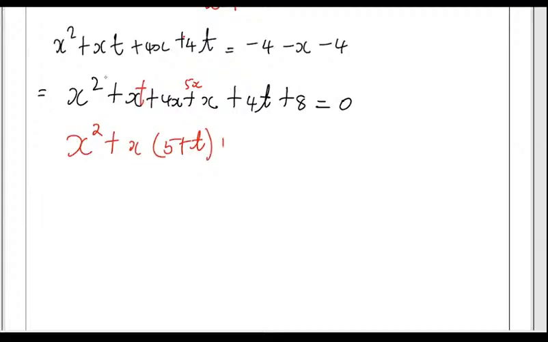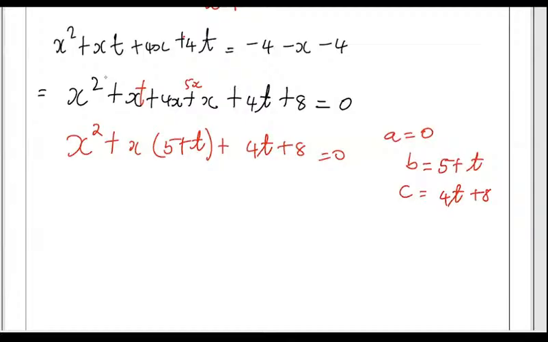And then plus, we're going to have 4t plus 8. So from this, we know that our a is 1, our b is going to be 5 plus t, and our c is going to be 4t plus 8.